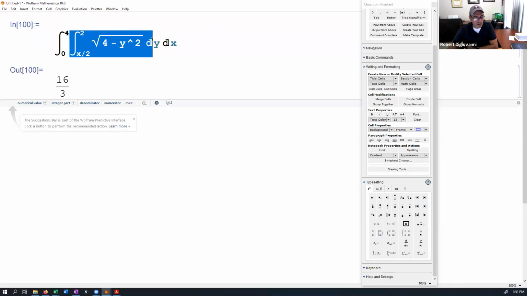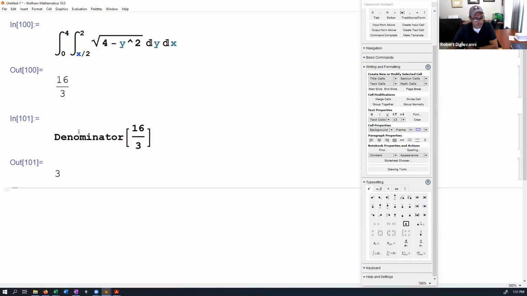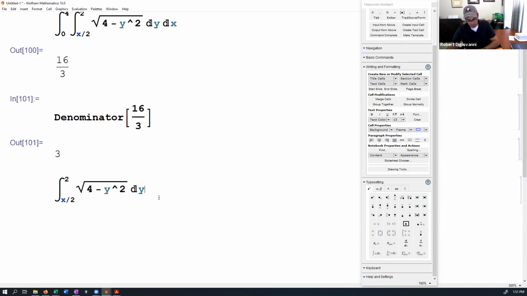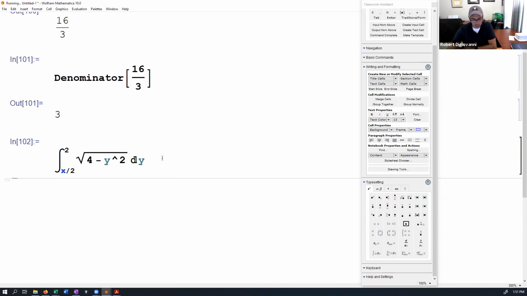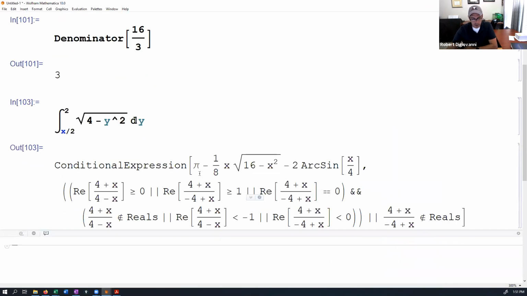Now watch, if I just take the inner integral. Oh, whoa. That's the one we did and we stopped after this, right? There it is. So there it is, pi minus 1/8.